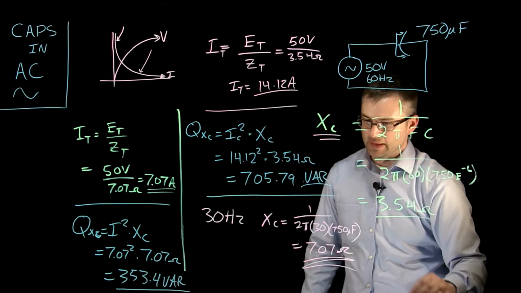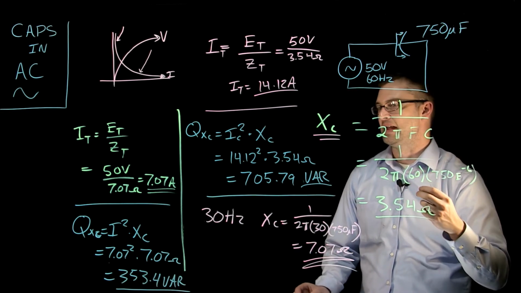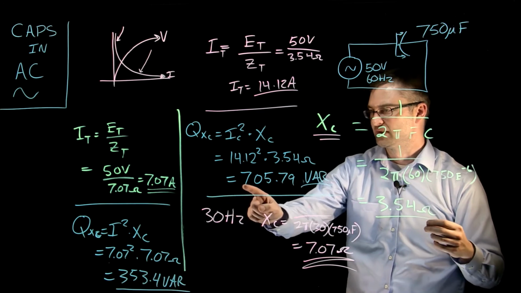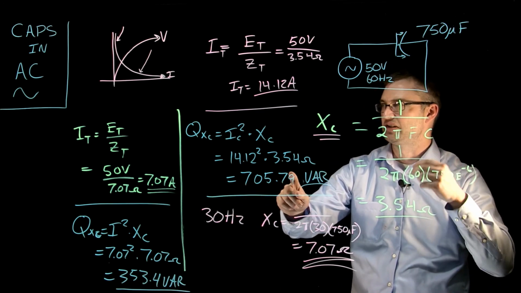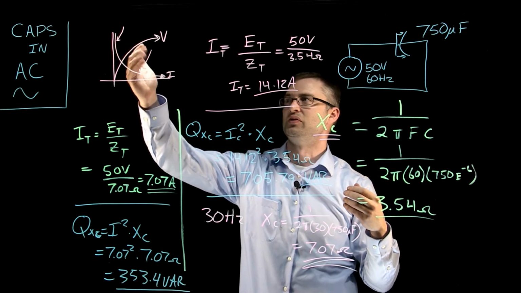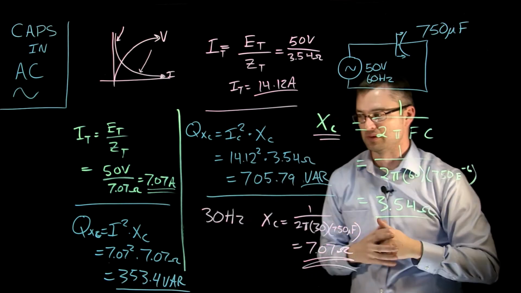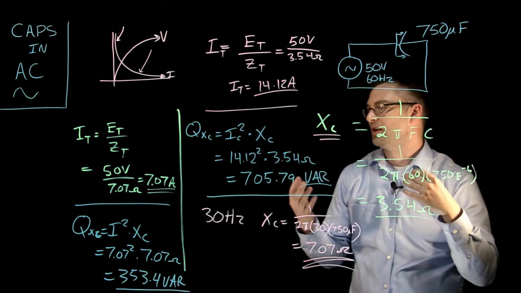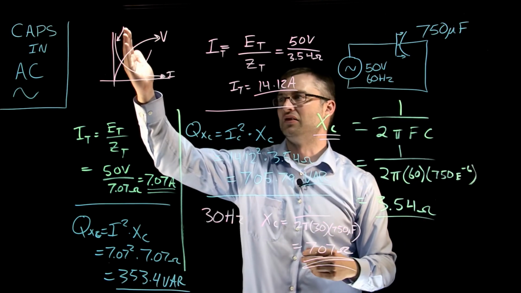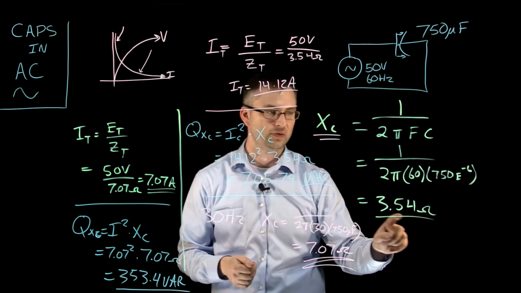Okay, so when we had a higher frequency, we had a quadrature power of 700 VARs. The faster we flip that source back and forth, the higher the amount of current that can flow, because we don't have this charge on the capacitor that's going to oppose the source. And so therefore we have a lot more current, and we have a much lower ohmic value of 3.54.